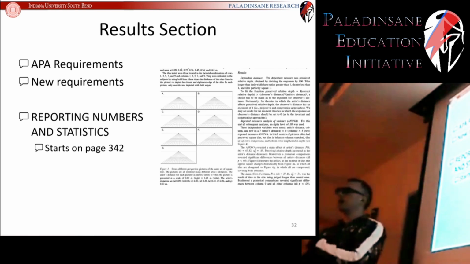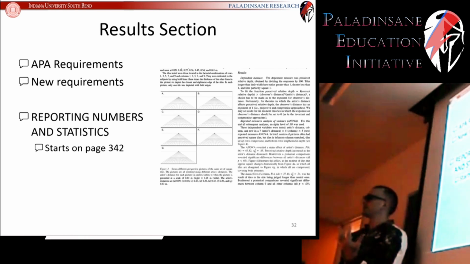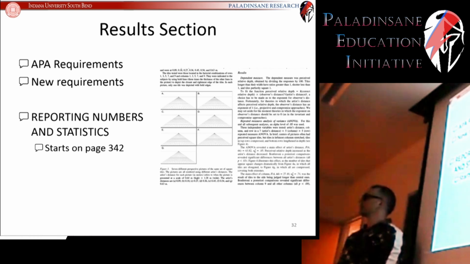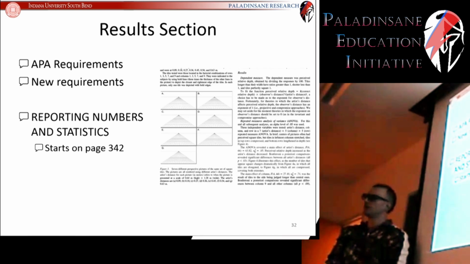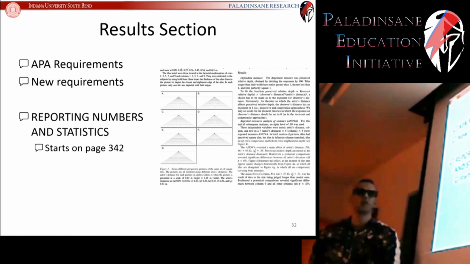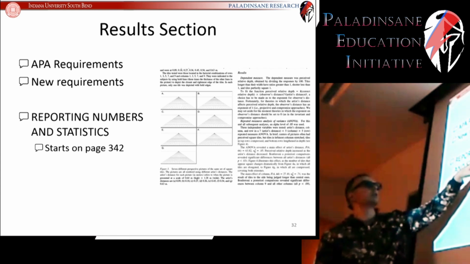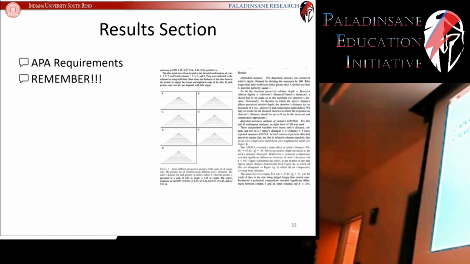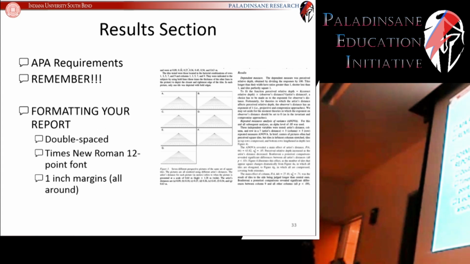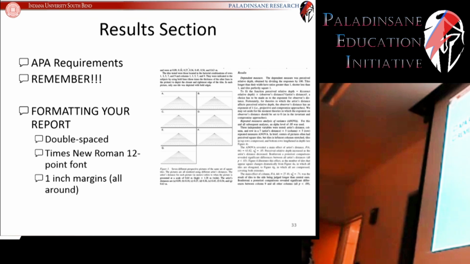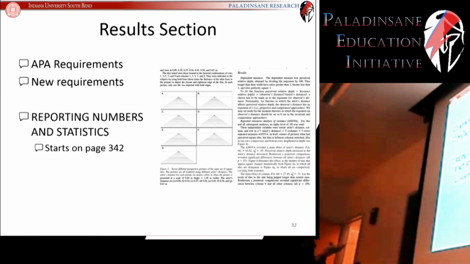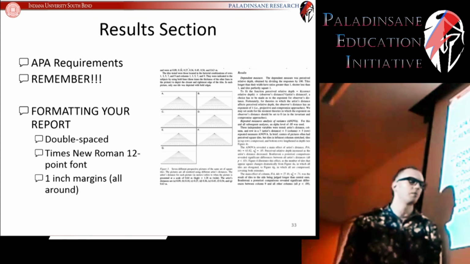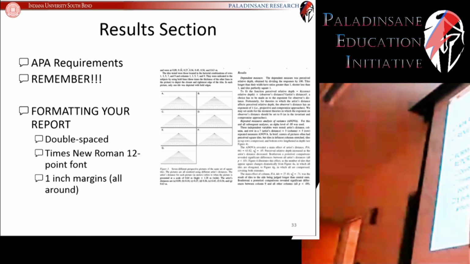So once we're done with the actual writing of it in class, as part of the homework assignment for this draft, you're going to go through it and say, all right, let me make sure that each of these sentences are in the proper APA format. Let me make sure that the numbers and the statistics are properly formatted. And those are the only new things. Mostly it's going to be the reporting numbers and statistics. And then also remember double space, Times New Roman 12-point font, 1-inch margins all around.